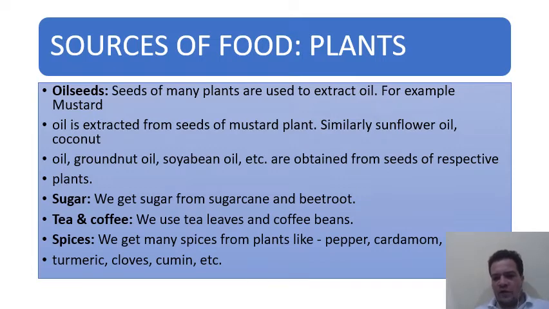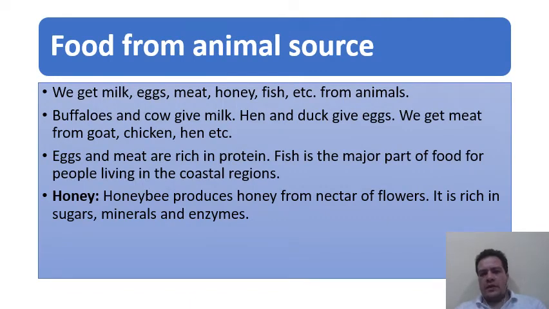Tea and coffee, we use tea leaves and coffee beans. Spices are the most important part of making food. Without them, the food may not have a proper taste, isn't it? We get many spices from plants like pepper, cardamom, turmeric, cloves, cumin, etc.